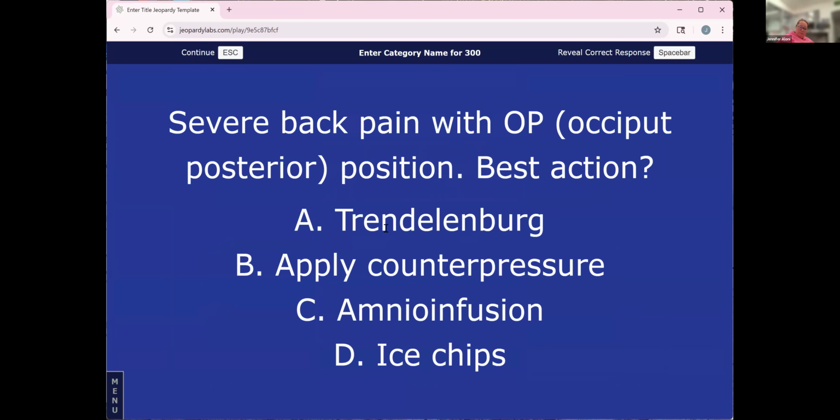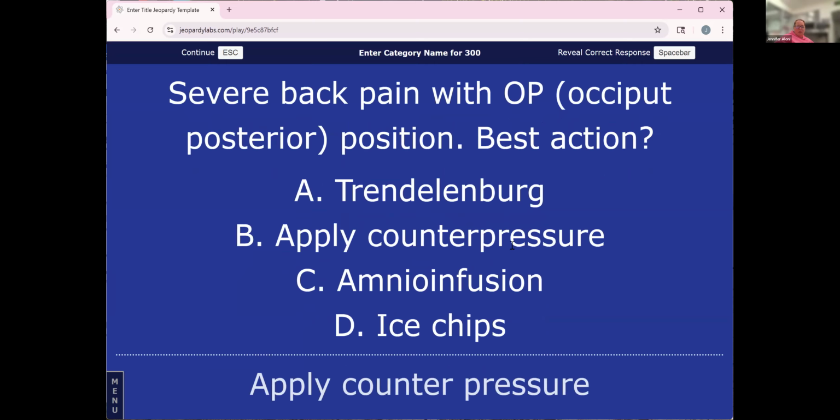What are we going to do? Apply counter pressure. Anybody else have an answer? Trendelenburg. You're never going to put pressure. Oh, well, they put counter pressure. Explain this answer for me, please. Counter pressure where?